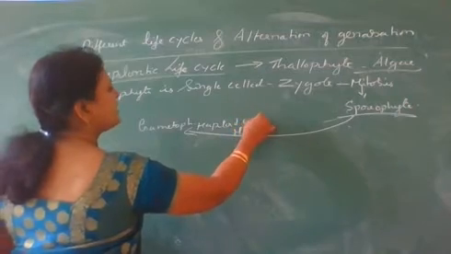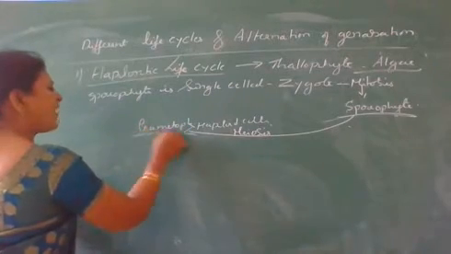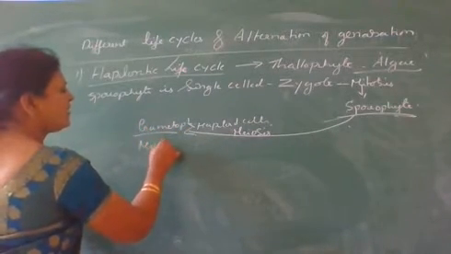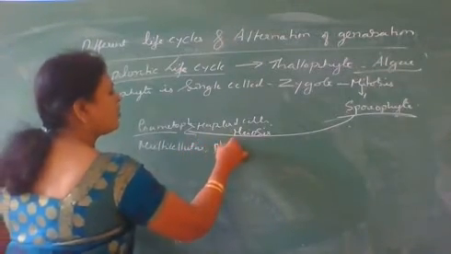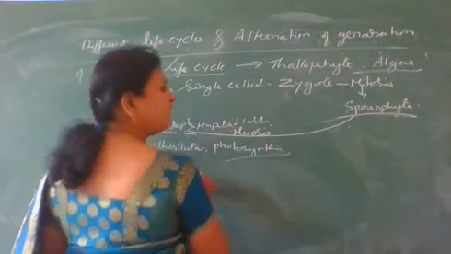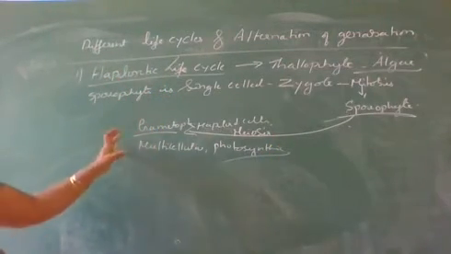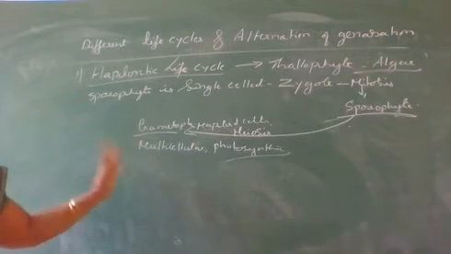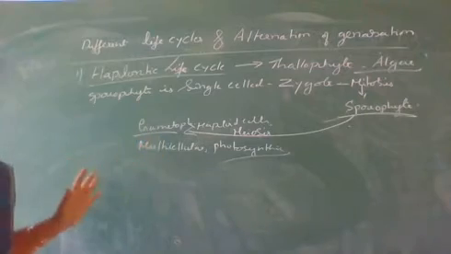Haploid cells. The haploid cells develop into gametophyte, and this gametophyte is multicellular, photosynthetic, and it is independent. And this is the dominant phase in the life cycle of this algae.